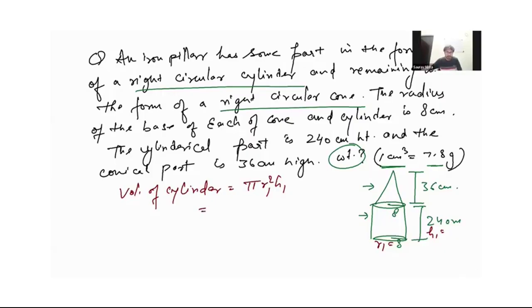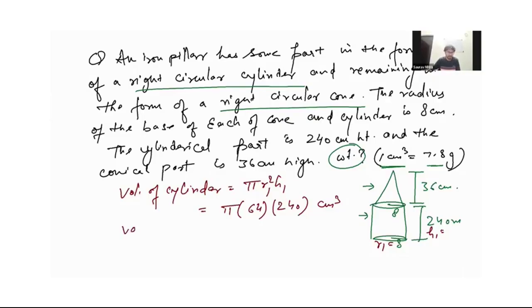So pi into 8 square, which is 64, into 240. The volume will be pi into 64 into 240 centimeter cube. Let's keep it as it is, as it will help us do the calculation easily when we see the final answer, rather than multiplying the numbers and getting a big number.